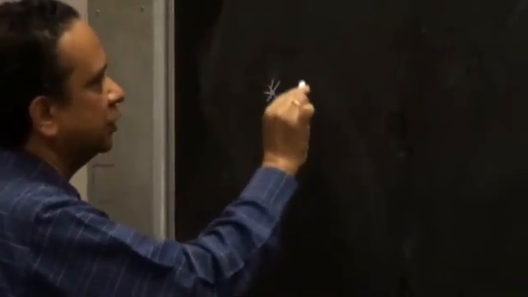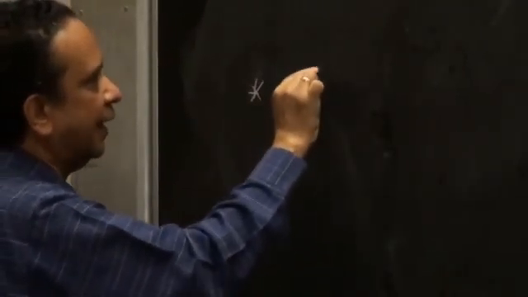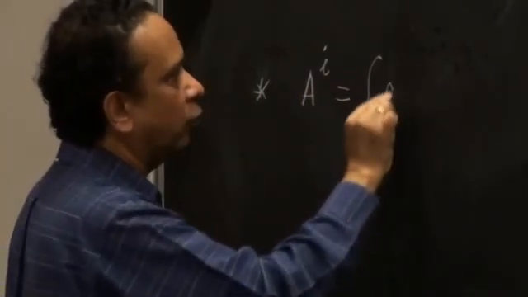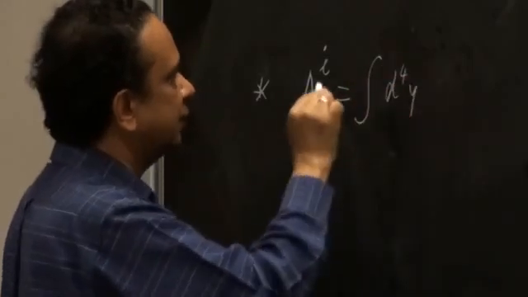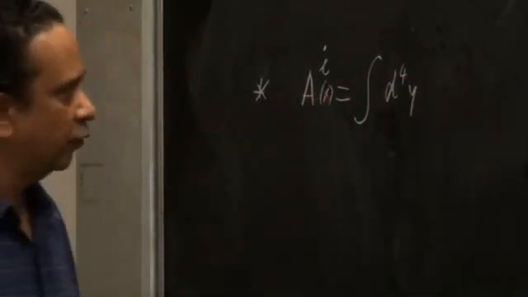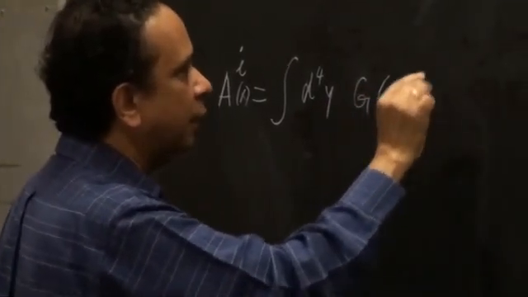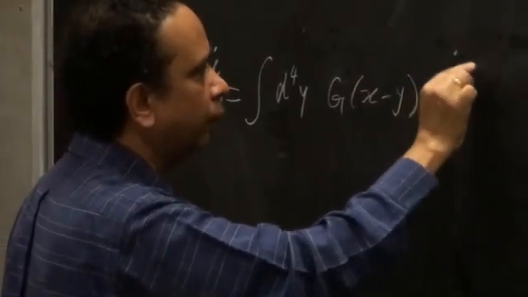In order to do that, let us ask what is happening in the case of the standard Liénard-Wiechert potentials. In the case of the standard Liénard-Wiechert potentials, you are solving for a vector, let us say A_i, which is an integral over d4y. This is at some point x. It is integral over d4y, g of x minus y, times a source j_i of y.